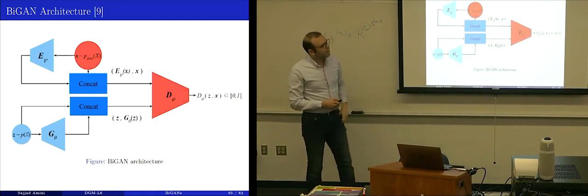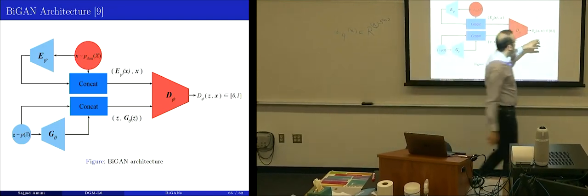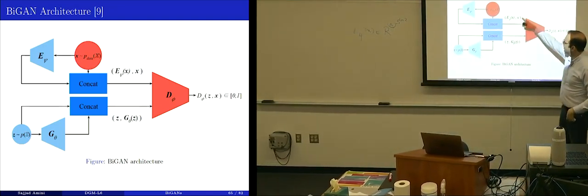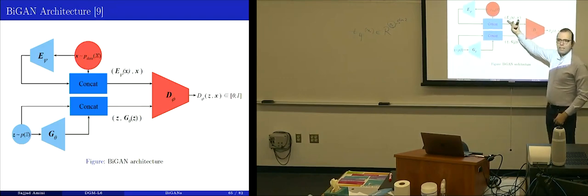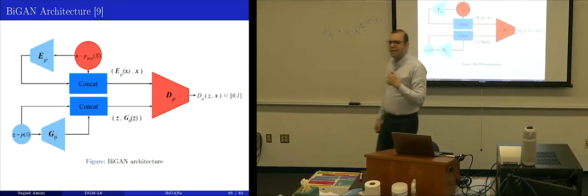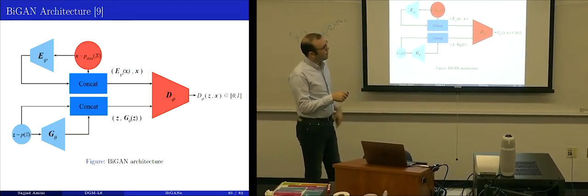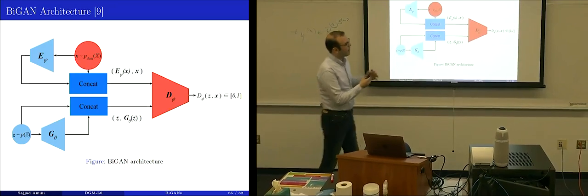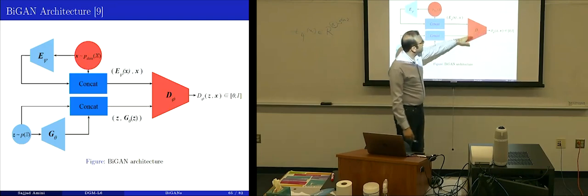Now the discriminator, instead of assigning a label value to each x or g theta of z, assigns a label to the concatenated vector. Instead of modeling the discrepancy between the distribution of x and g theta of z, you calculate the discrepancy between these two joints.